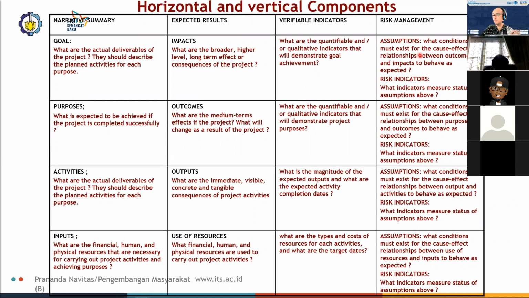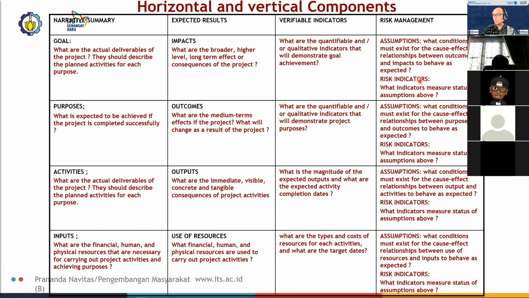And then within risk management, there are assumptions and there are risk indicators. For example, what conditions must exist for the cause-effect relationship between outcomes and impacts to behave as expected, and what indicators measure status of assumptions above.